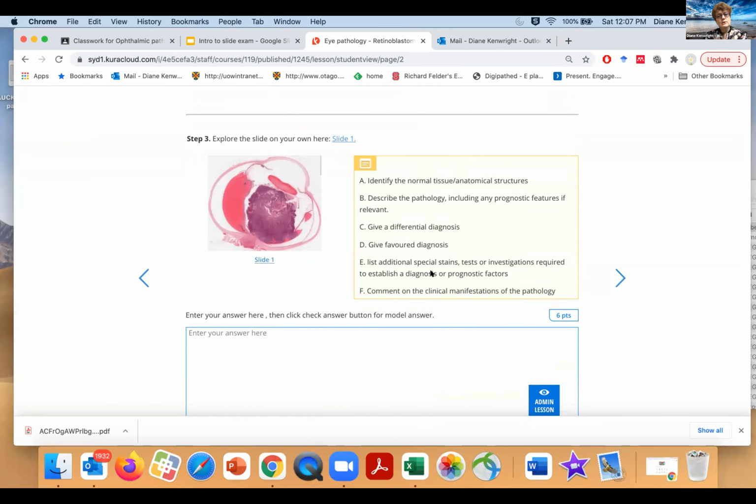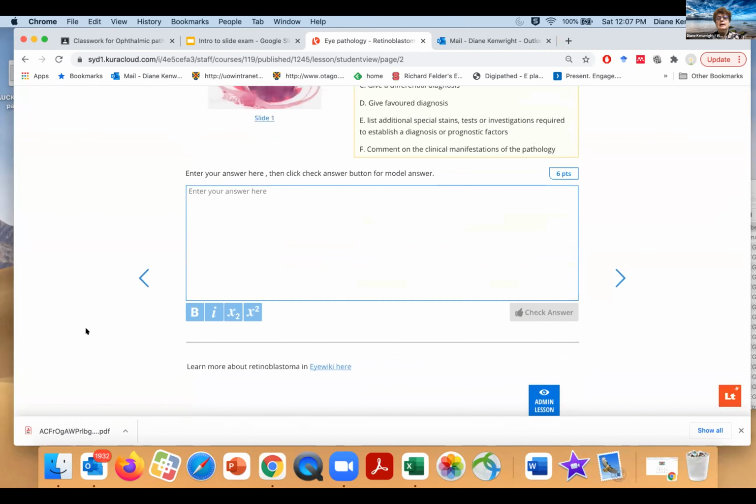It's very easy to skip this step if you're feeling demotivated and lazy, but this is the practice answer. This is where you actually have to practice answering it, recalling it, and seeing if you can apply it. And here we have a model answer.